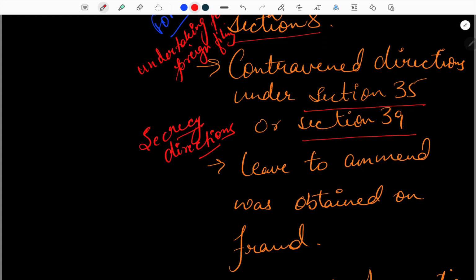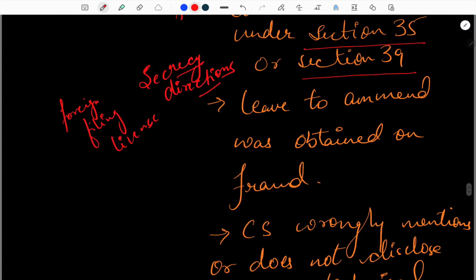As per Section 39, if you are an Indian inventor or Indian applicant and wish to directly file in a foreign jurisdiction without first filing in India, then you'll have to seek a direction from the patent office under Section 39, that is known as foreign filing license. We'll be talking about this foreign filing license in detail. It's a very short topic. If you have contravened the provisions of Section 39 or Section 35, then again it becomes a ground for revocation.